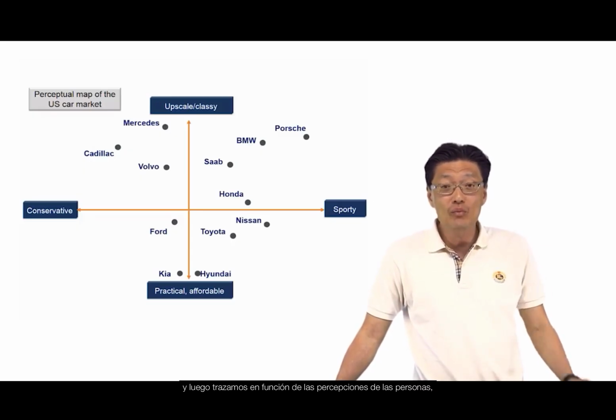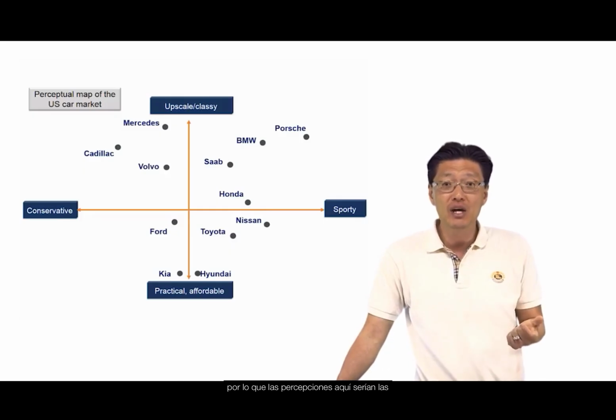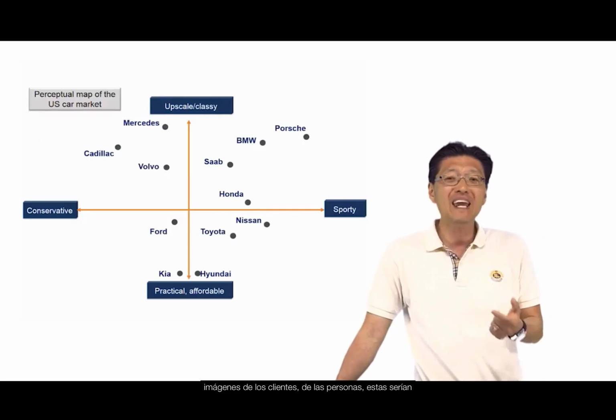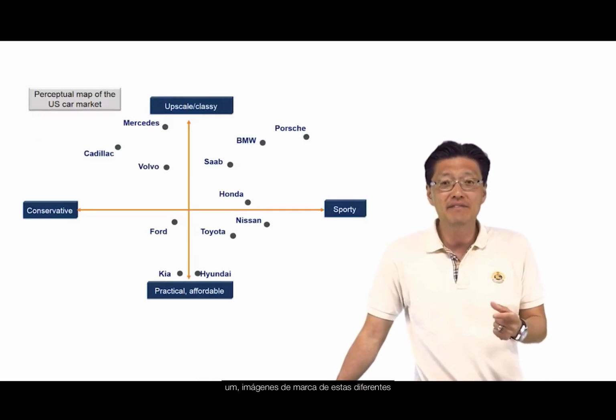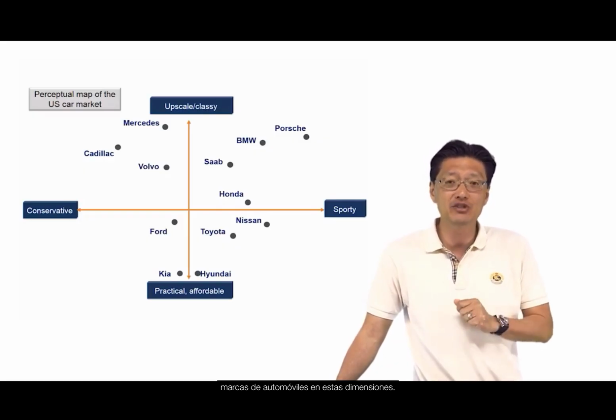Then we plot based on people's perceptions. Perceptions here would be customers' images, the brand images of these different brands of cars on these dimensions.